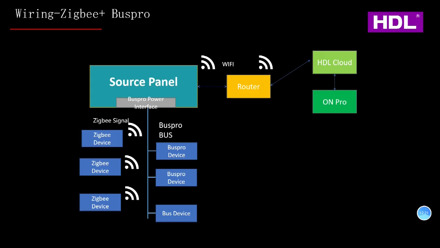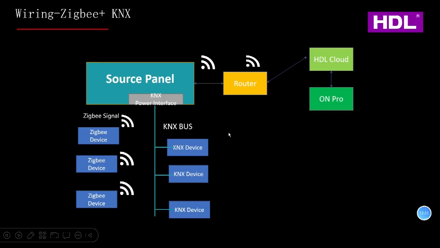So if you are clear about this, and then if I want to use the Zigbee system with KNX system, just do the same. Just buy a KNX power interface.